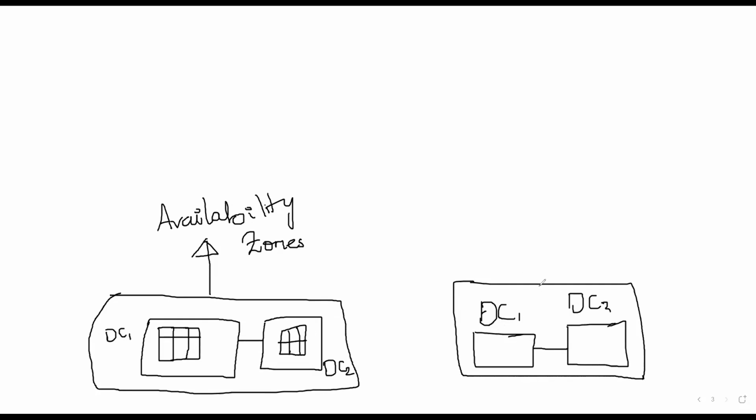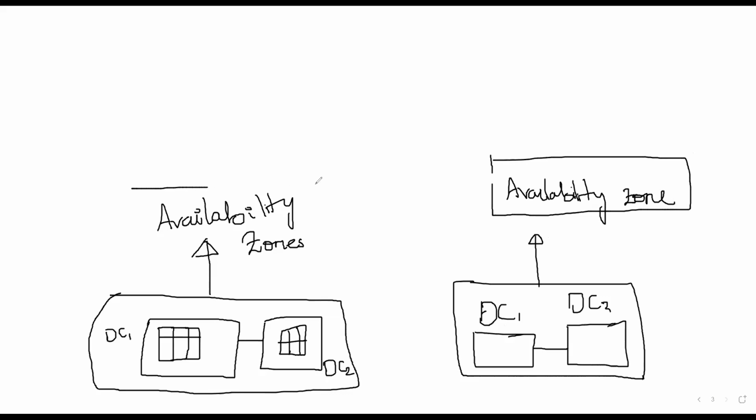Here also it is a group of data centers, and we can call it an availability zone as well. We can also name them: this is availability zone A, and let's say this is availability zone B.